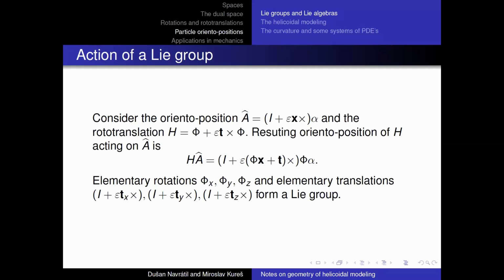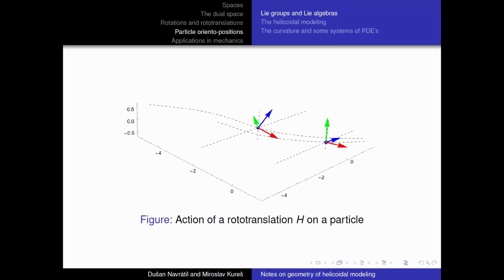If you consider this matrix multiplication as an action of a group, you could find out that these elementary rotations and these elementary translations form together a Lie group. So this is how an action of rototranslation on a particle looks like. You can see how the orientation and position change.